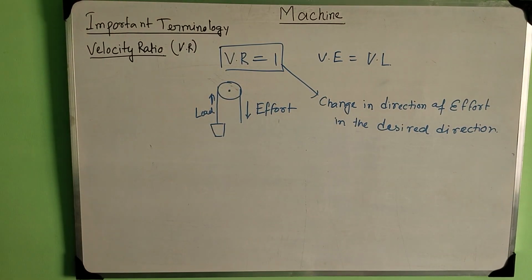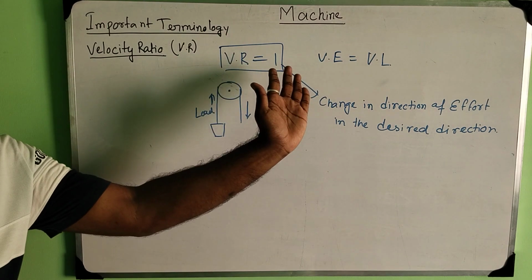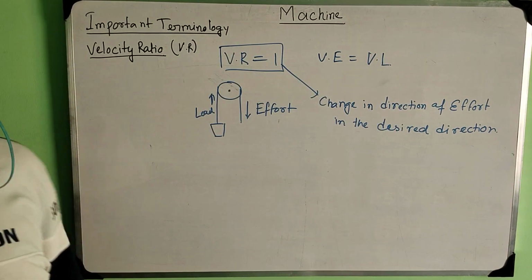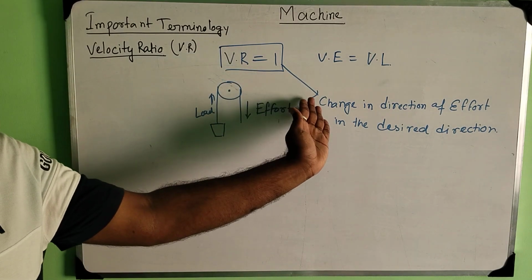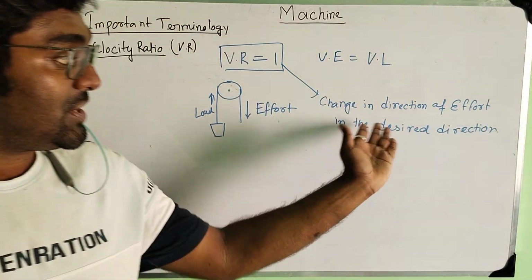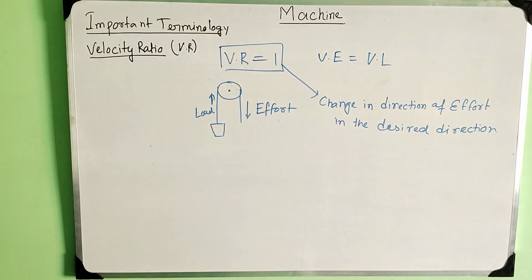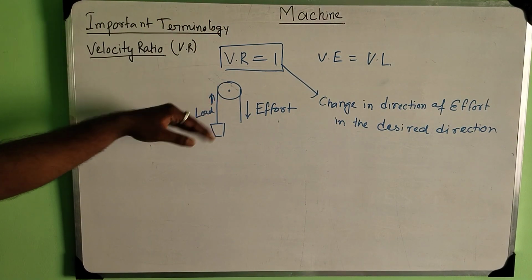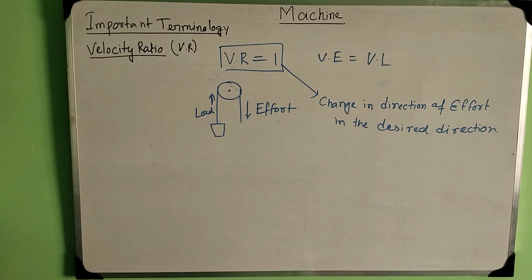That means this velocity ratio will help change the direction of the effort in the desired direction. So this is its use. So velocity ratio also determines which type of function the machine will do.